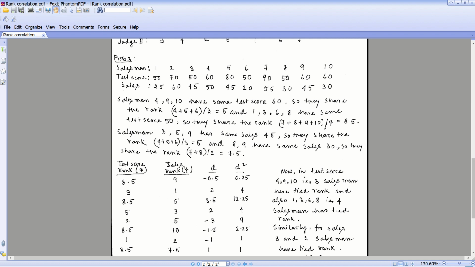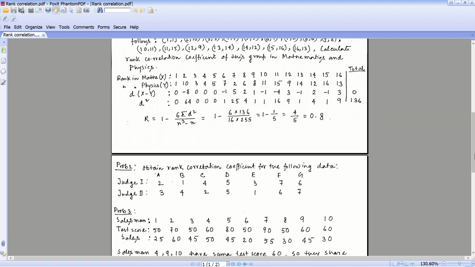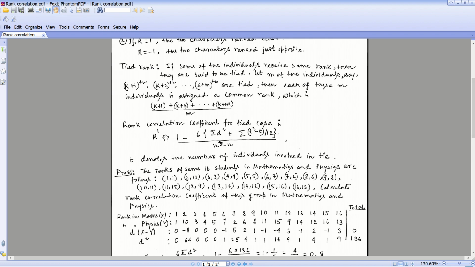Now here is the tied rank formula. The tied rank formula says that the rank correlation coefficient R dash is equal to this one, where D is the difference of ranks, N is the number of individuals, and there is one more component, T. T denotes the number of individuals involved in a tie.